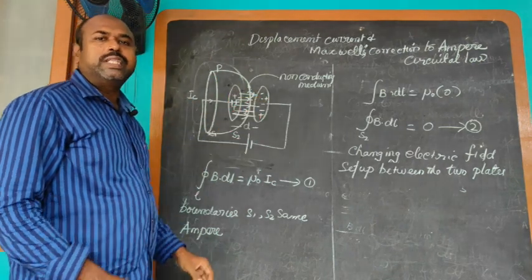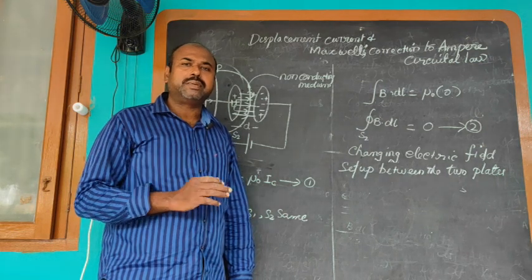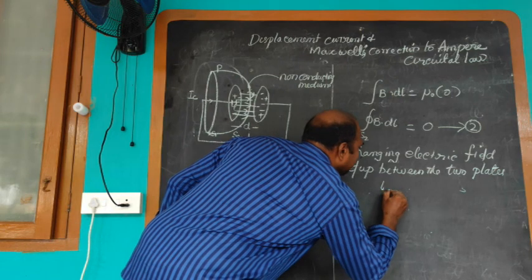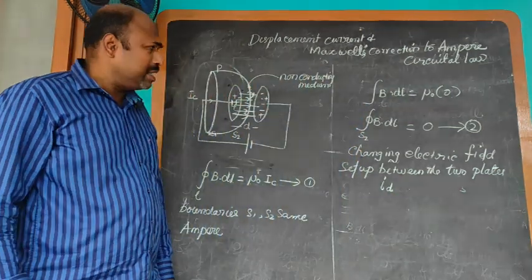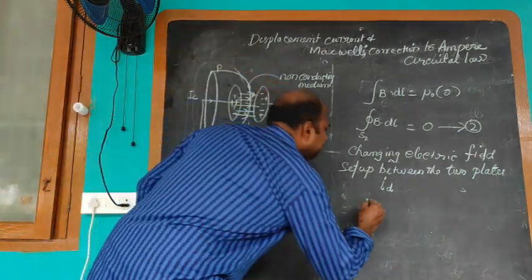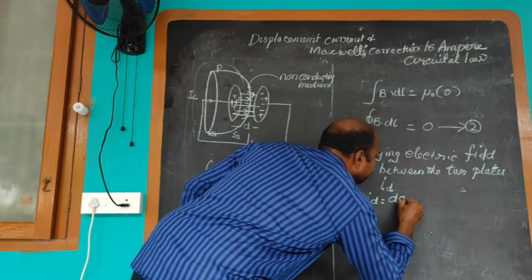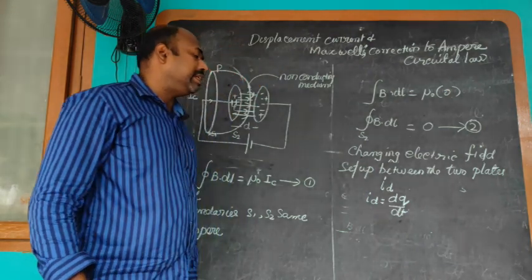That current is represented by displacement current. Maxwell represented that current as a displacement current, the current ID. We already know the formula for current: ID is equal to the rate of flow of charge, dq by dt.